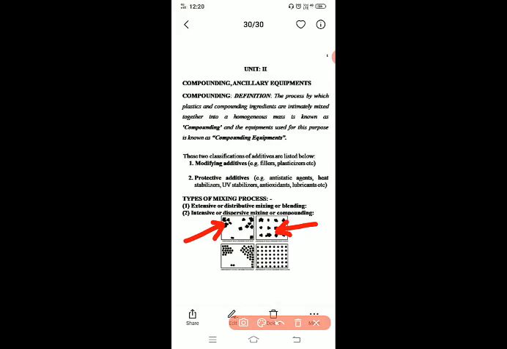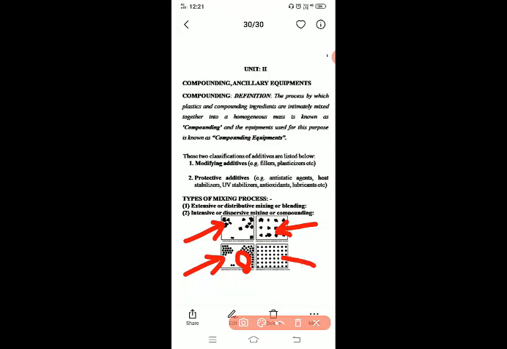But in the third figure, it shows the compounding ingredients are dispersed. That is, the agglomeration is not there, but individual particles are there. But still we have the white part. This area is plastics, in which the compounding ingredients are not mixed. So here the distribution is bad, but the dispersion is good.